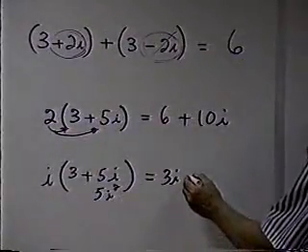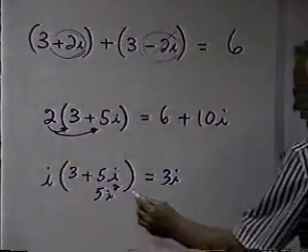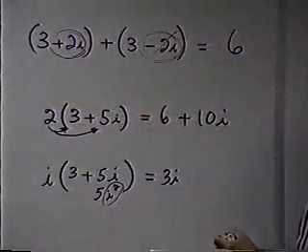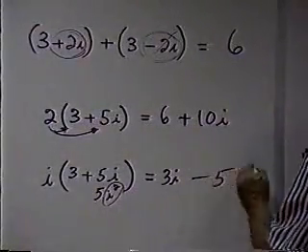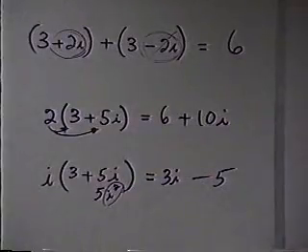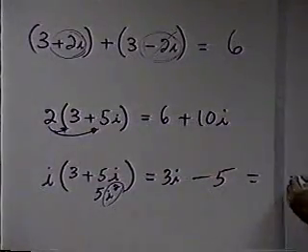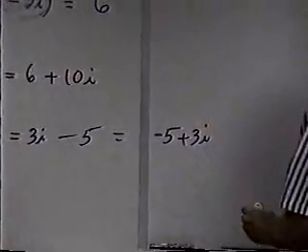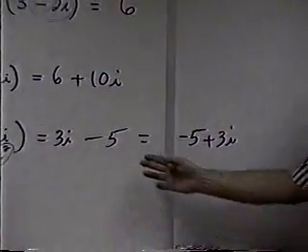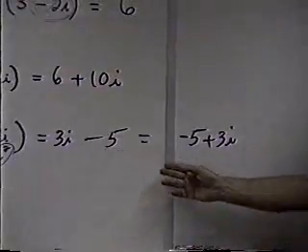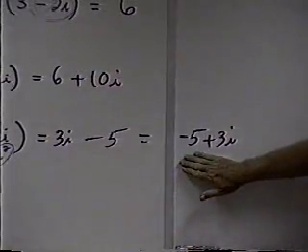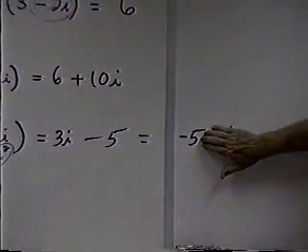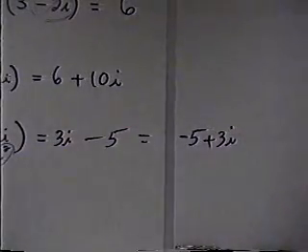Okay, so it would be 5i squared, but wait a minute, what is i squared? i squared is a minus 1, so we get a minus 5. So what we do is rewrite this problem as minus 5 plus 3i. That's not the way we had it written, but this is the standard form of a complex number, where you put the real part first, followed by the I part.